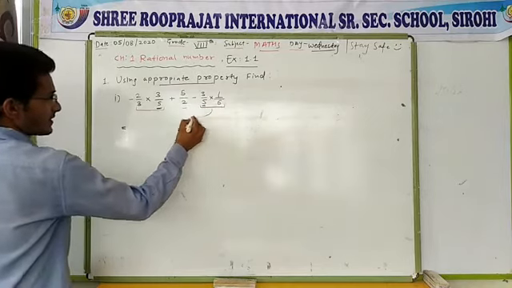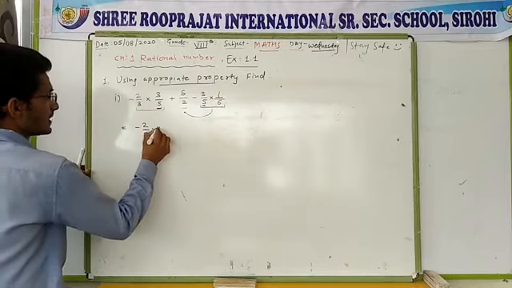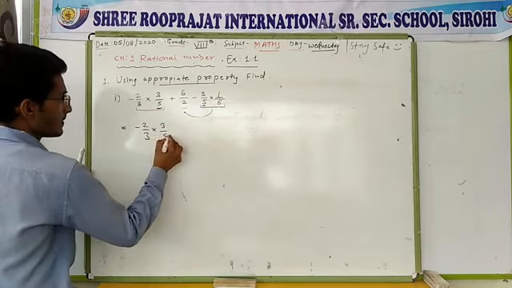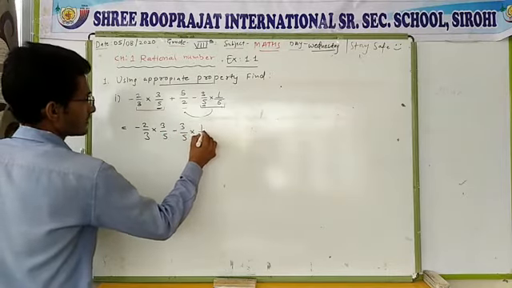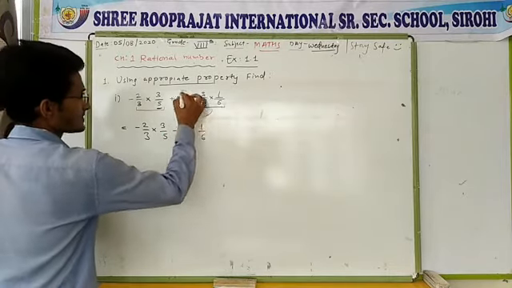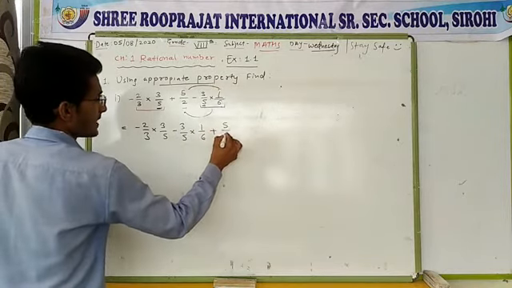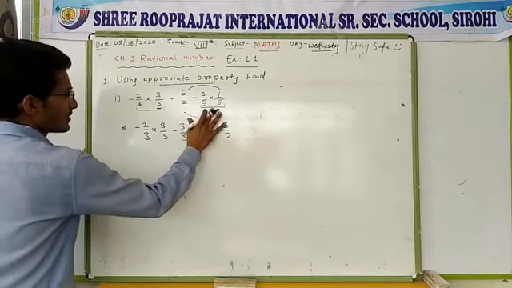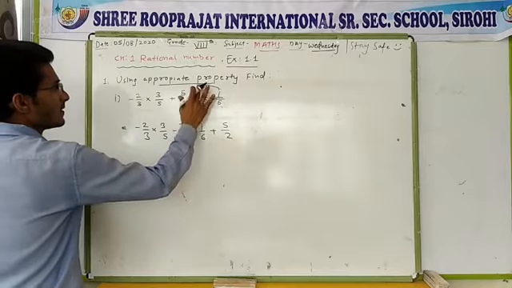We will shift it here: minus 2 by 3 multiplied by 3 by 5, then minus 3 by 5 multiplied with 1 by 6, and the last one will be shifted here: plus 5 by 2. You don't need to draw that line, it is just for showing the number.